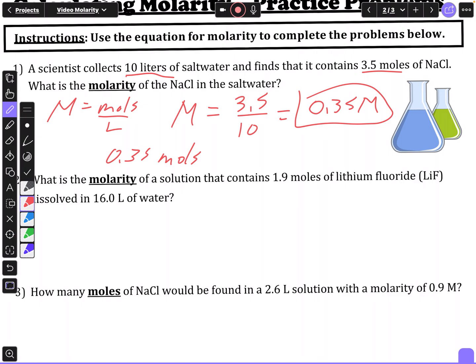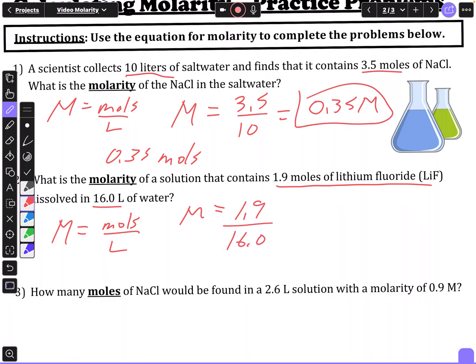Now, what's the molarity of a solution that contains 1.9 moles of lithium fluoride dissolved in 16 liters of solution? Again, I start my equation. Molarity equals moles over liters. So molarity is going to equal 1.9 divided by 16.0.